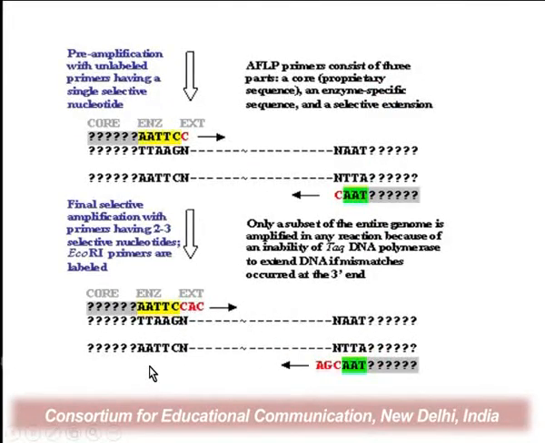Now we can do a pre-selection, because now we know the sequence. Even if we didn't know the sequence of the DNA fragment, we know the sequence of the adapter, and therefore we can design primers for these adapters and use them to amplify the fragment. This is called pre-selective amplification.